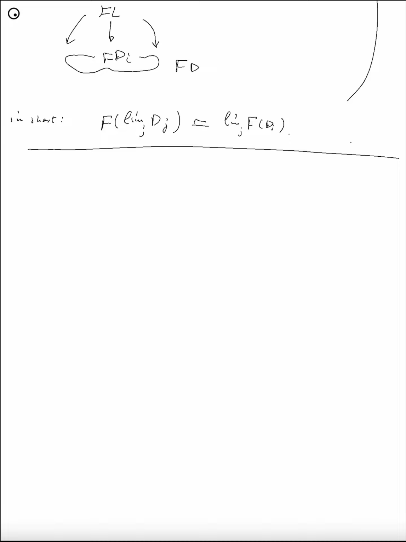The example of this would be representable functors. So let me first recall.